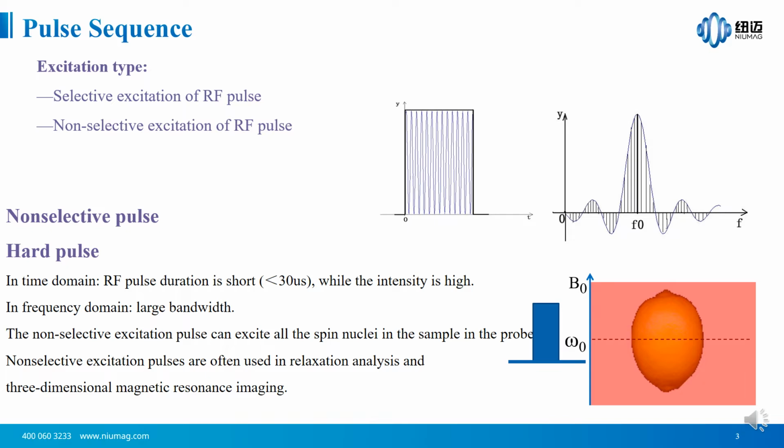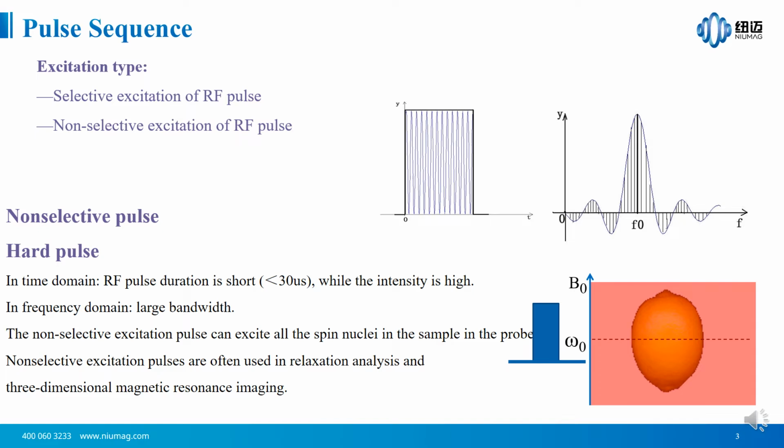And second, in the frequency domain, the bandwidth is so large that it can excite a wide range, so it is non-selective. That is, after the sample is placed in the probe, we use a hard pulse to excite it.